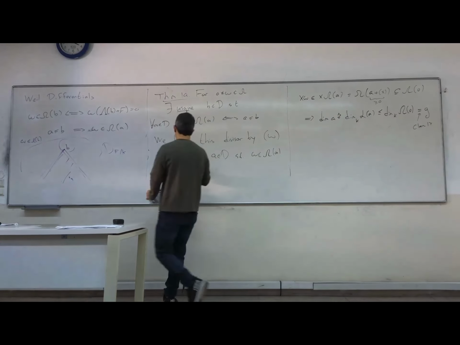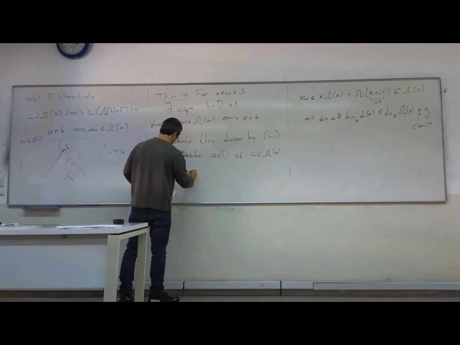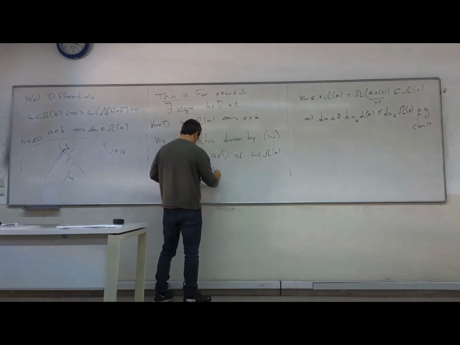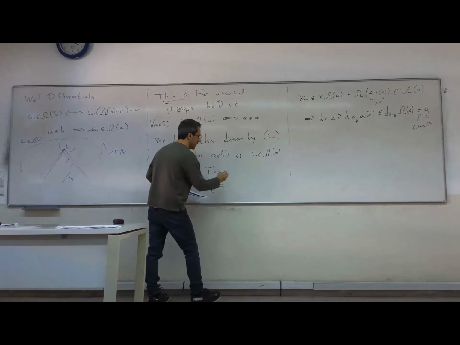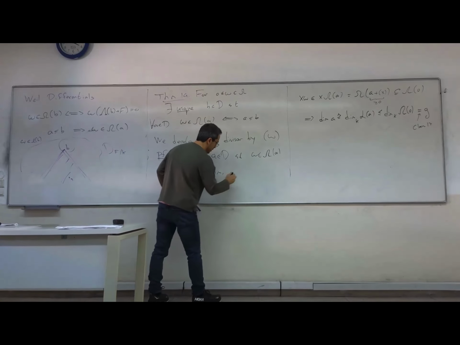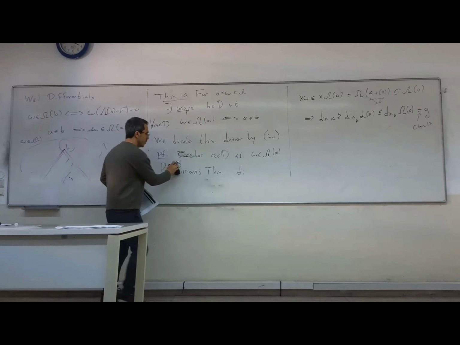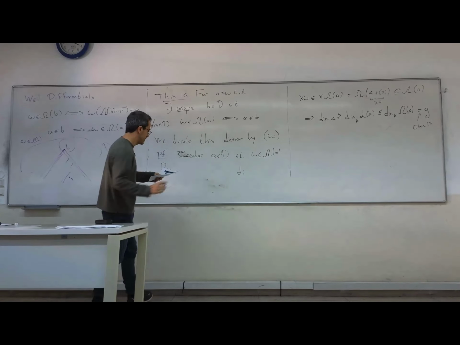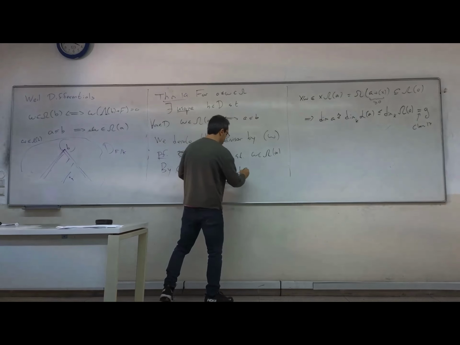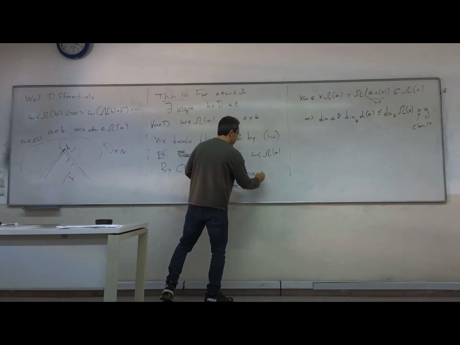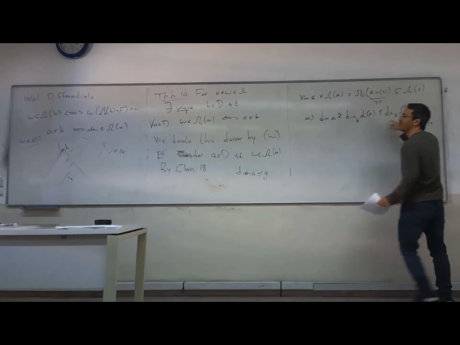By Riemann's theorem... sorry, I skipped a step. By the last claim that we proved, claim 18, the dimension of A is at most G. That's actually the end of the proof.